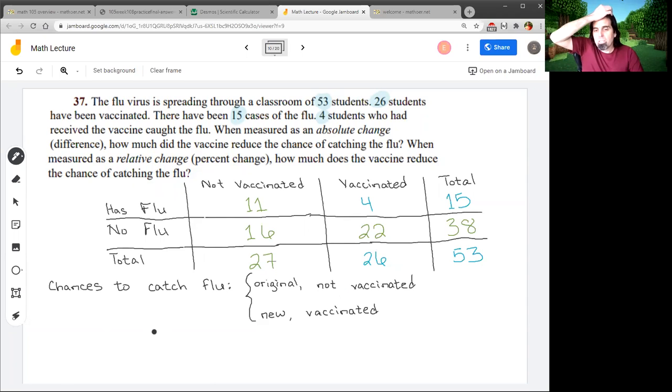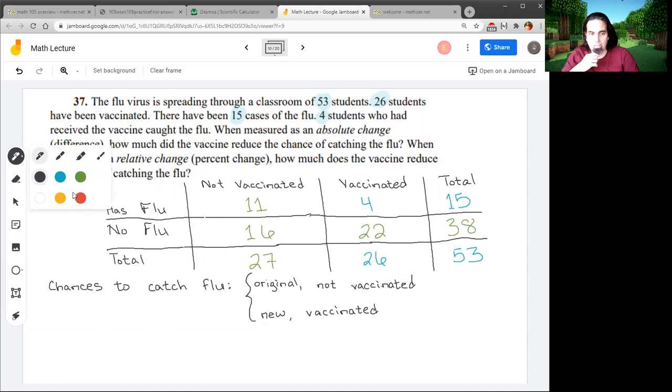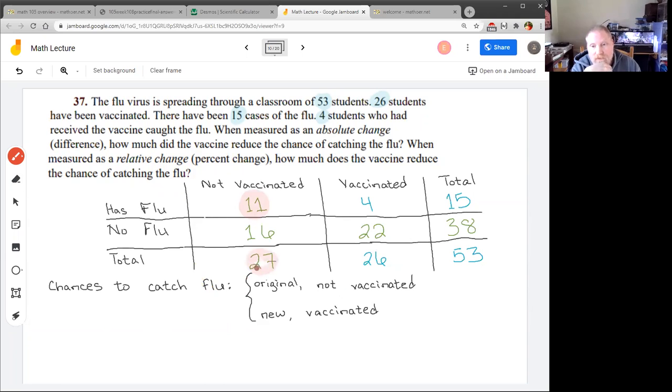So what's the chance that someone catches the flu if they're not vaccinated? There's 11 people that had that happen. 11 out of 27.